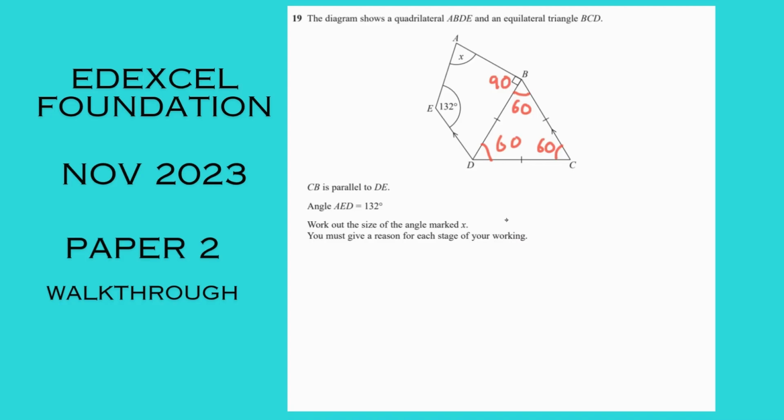And then, what's most important here, difficult to spot, but we have parallel lines. So it's one of those awkward situations where you've got to make sure you spot them.